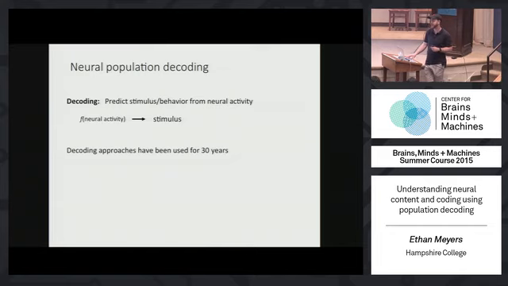Rebecca was saying MVPA goes back to 2001; well, this goes back much further. In 1986, George Opolis did some studies with monkeys showing that he could decode where a monkey was moving its arm based on neural activity. And there were other studies in '93 by Matt Wilson and McNaughton.